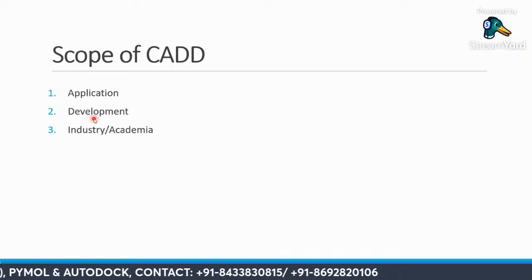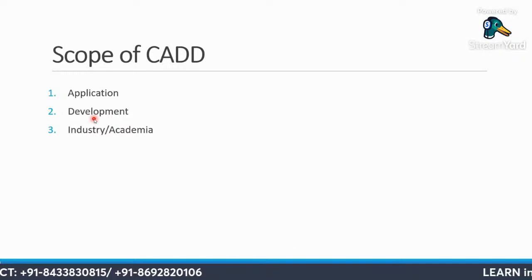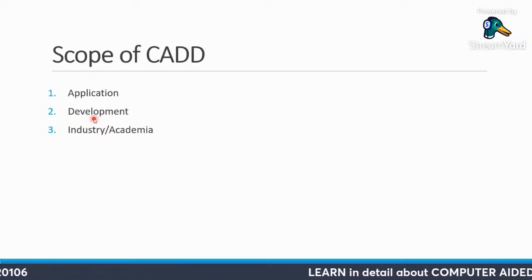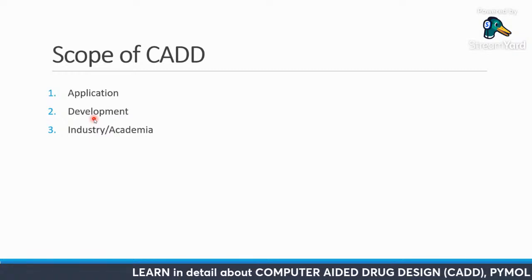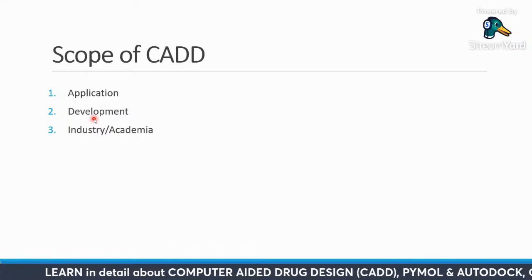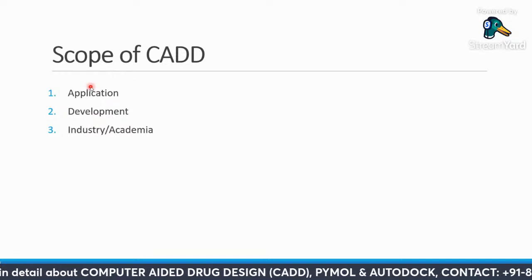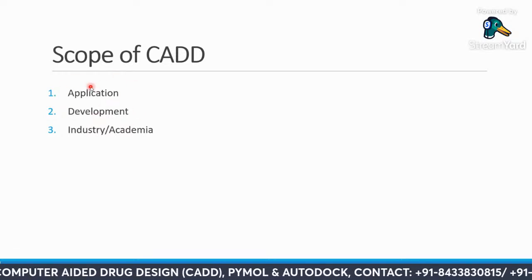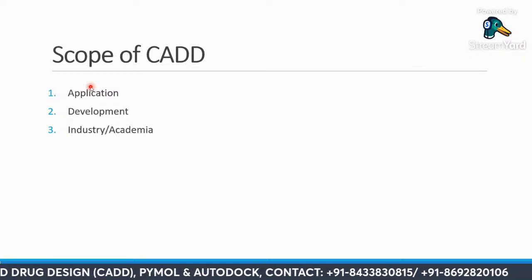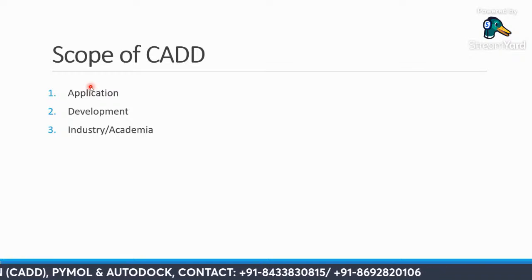If coding is something that you find very interesting, or if you had some interest in computer science, and at the same time you had some interest in the field of medicinal chemistry, then definitely you can look into the development side. But if you're not interested in coding, honestly speaking, I was not very inclined towards coding.